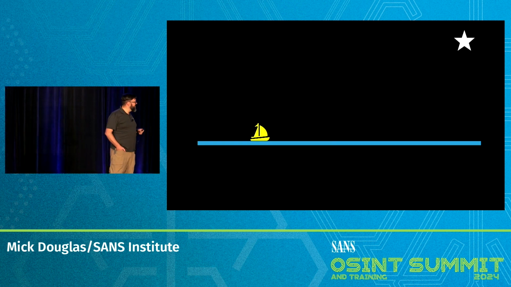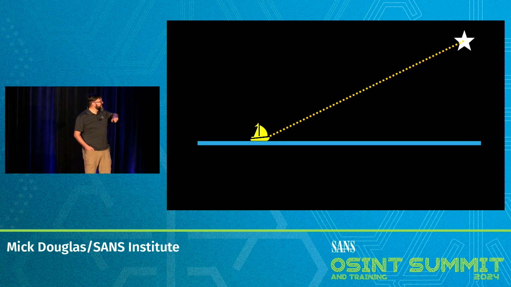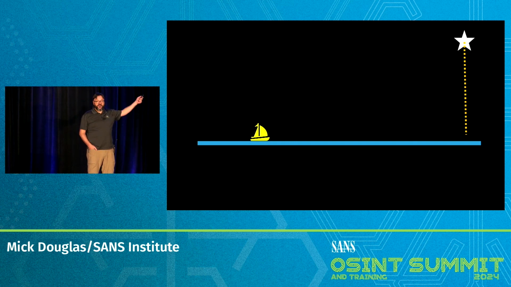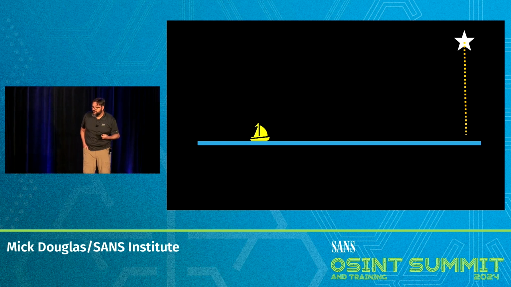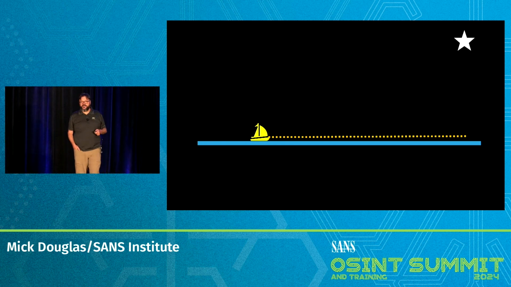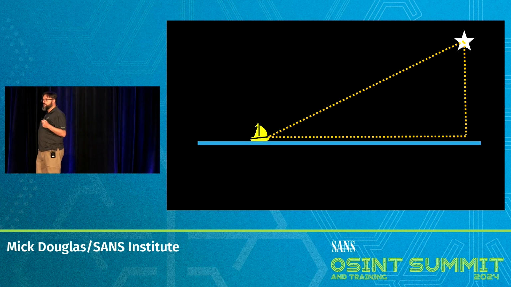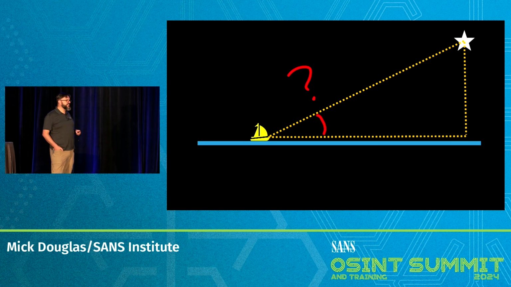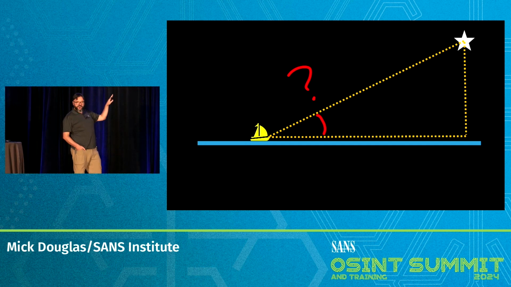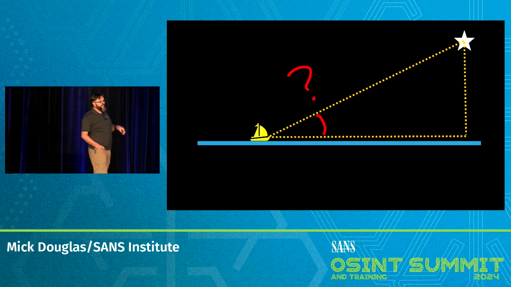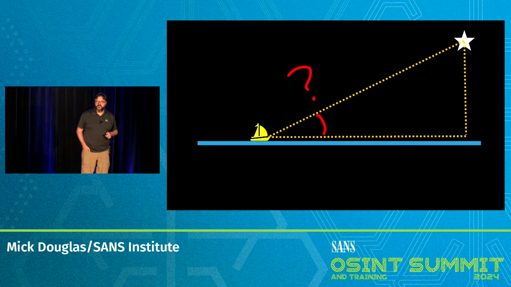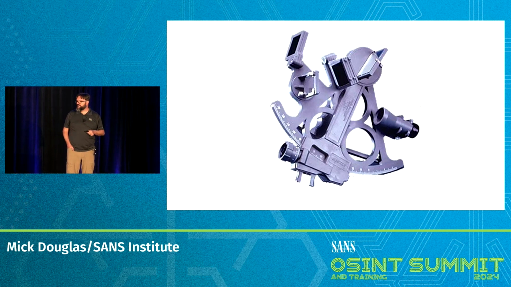Here's how it works. You're at sea. You see a star. You know that the star is above the horizon because you see it. You also can see the horizon. You know what you got? Triangle. Then all you need is a way to calculate the degree of altitude that that star is above the horizon. And that's why we have sextants.